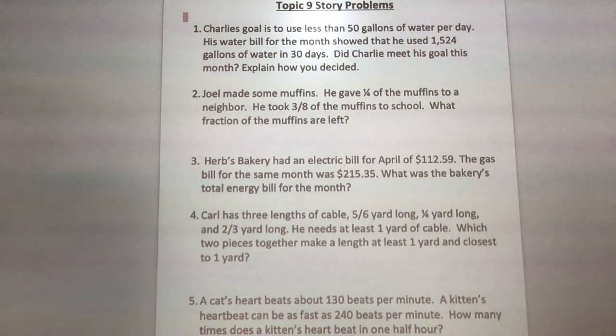Now our first question, I do want to point out, it says, did Charlie meet his goal? What kind of question is that when they're asking, did somebody do something? You're going to have what kind of answer? Bradley? Yes or no? A yes or no, okay? But here's the mistake, ladies and gentlemen. They're asking for a yes or no answer.